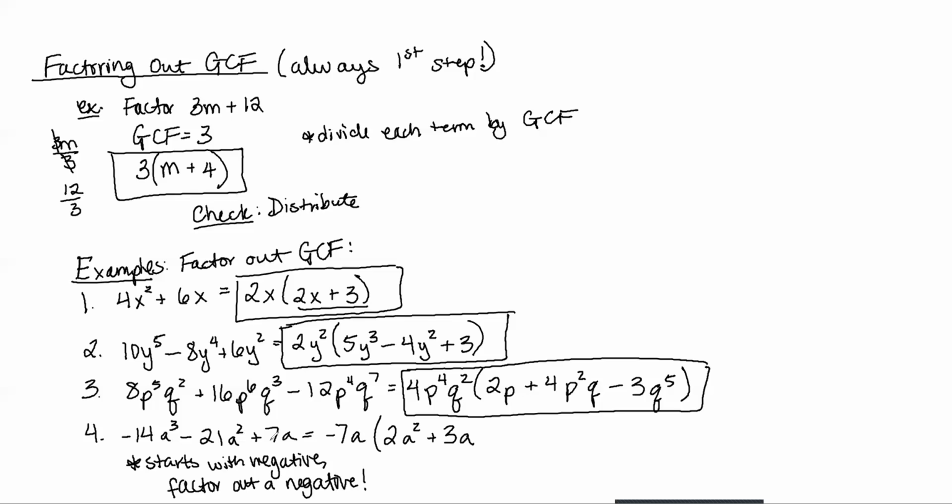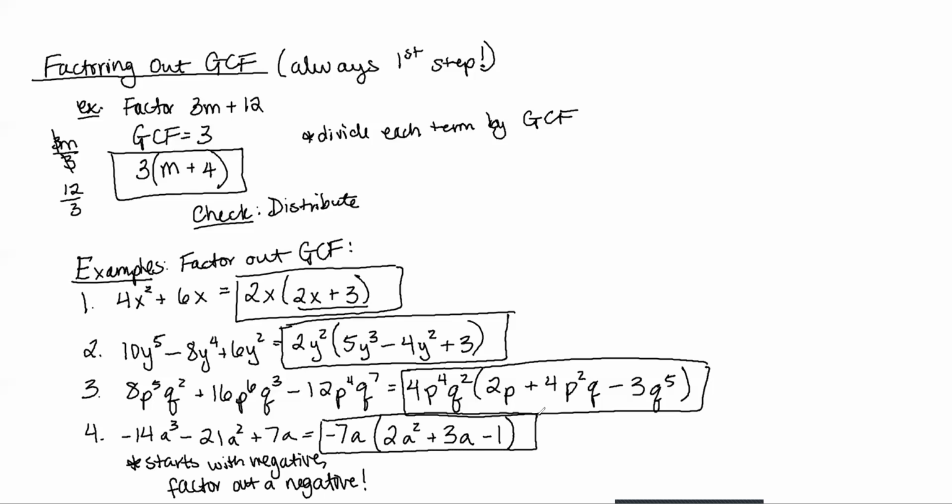And then 7 divided by negative 7 is negative 1. And then we have an A, getting rid of an A, so there's no A's left. So we have a 1 here. So just be really careful on those signs when you're factoring out a negative. They should all pretty much flip on the inside because you're taking out a negative from all of them.